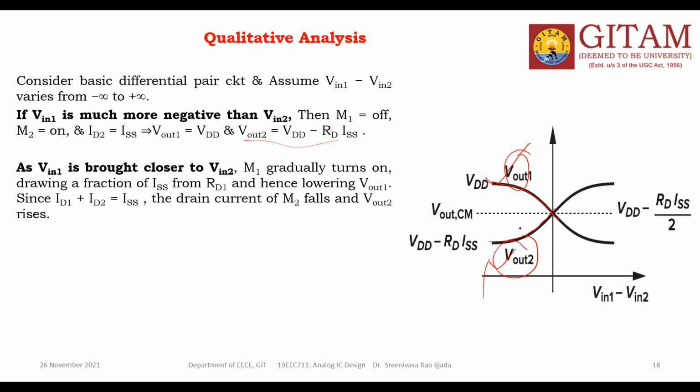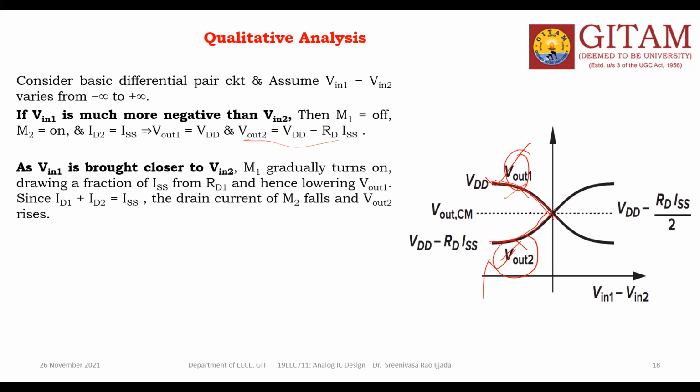Now the second case: if you are increasing your Vin1 towards Vin2, what happens? Definitely the voltage Vout1 is going to be decreasing, and the voltage at M2 is going to be increasing. My intention here is that you need to understand why these curves are varying. If you understand, then I can go to the next one.